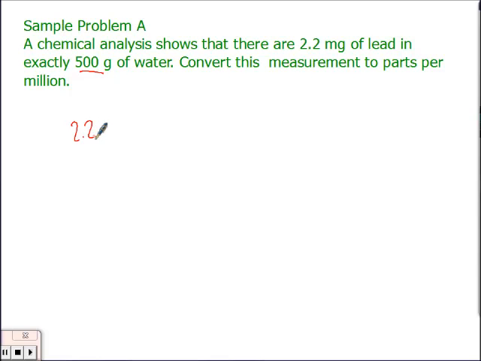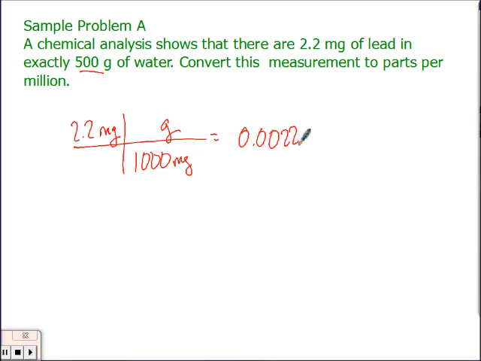So I take my 2.2 milligrams divided by 1,000 milligrams per gram. I need to turn this into grams, and I get 0.0022 grams of lead. Now the next step is to change this into my parts per million.